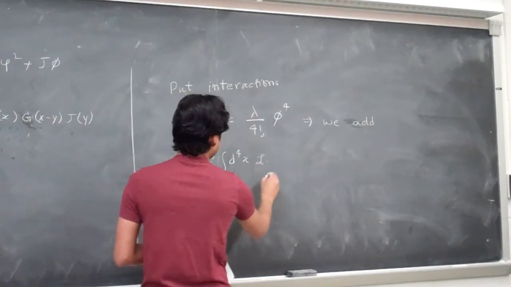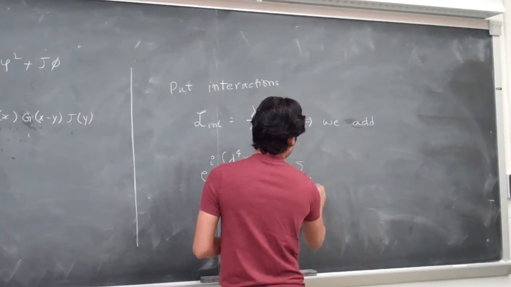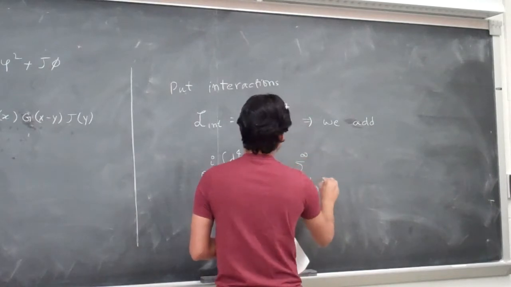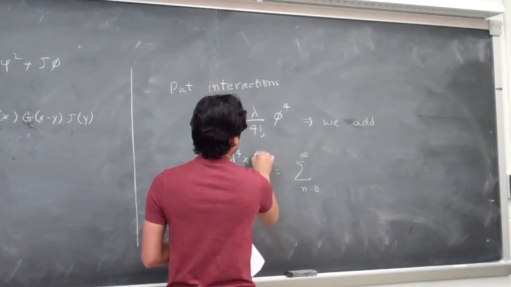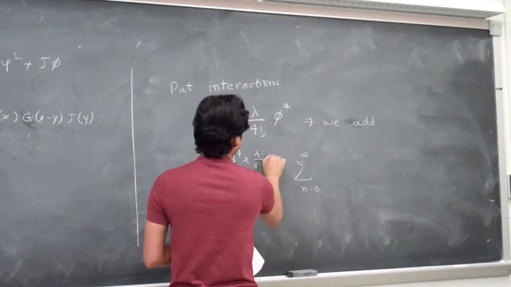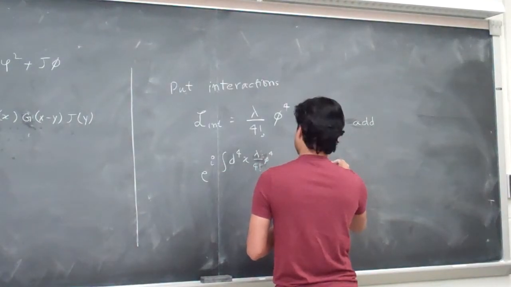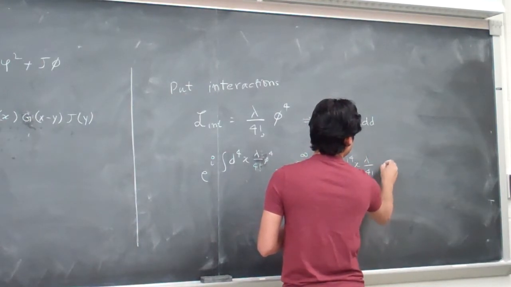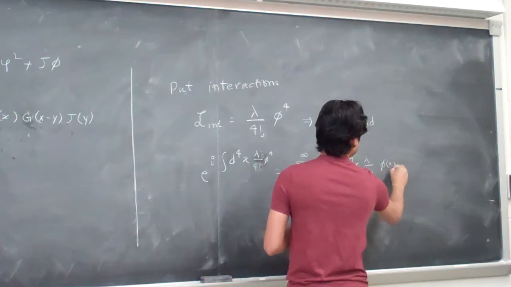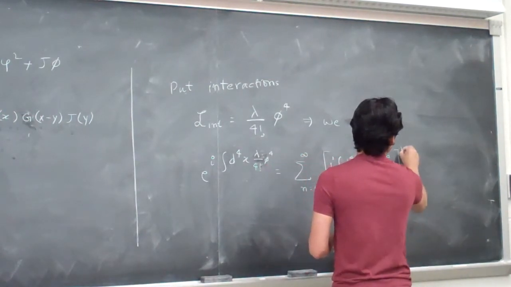So you make this equal to the sum over n equal to 0 to infinity. So this L, let's put in the form. So you get the integral of i d4x lambda over 4 factorial phi of x to the 4th, to the n.